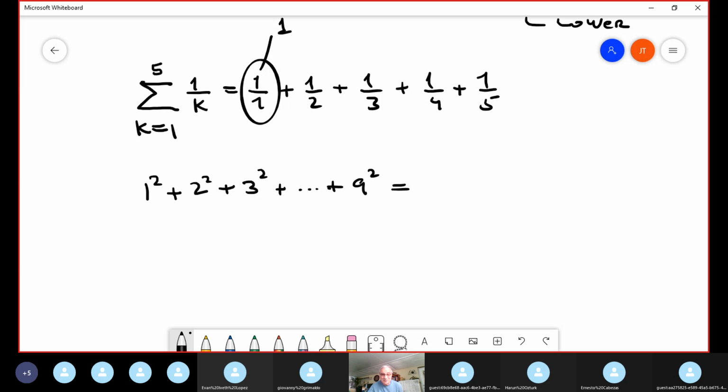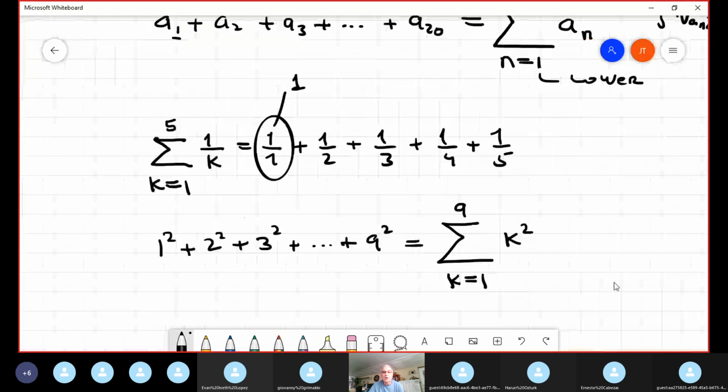And you write this statement like a sigma, that is, summation notation. Sigma from k equal 1, the first one, to k equal 9, the last one, of the expression, because the expression is k squared. Because you see every element is squared. You get the idea for the summation notation? Okay. Yes, sir.